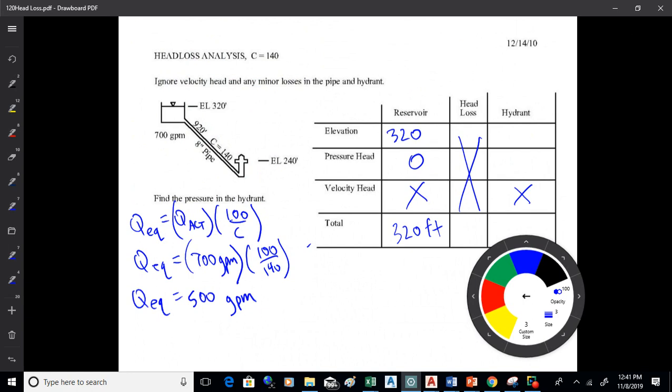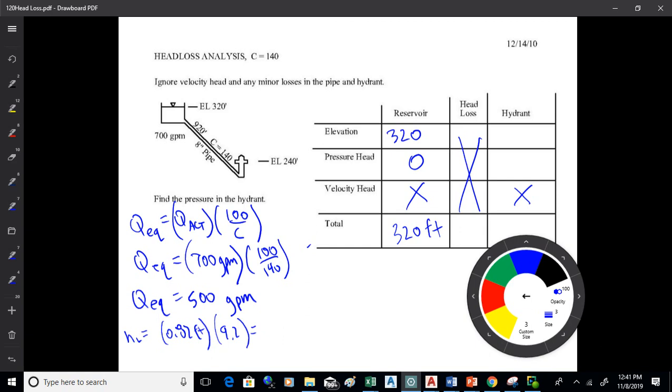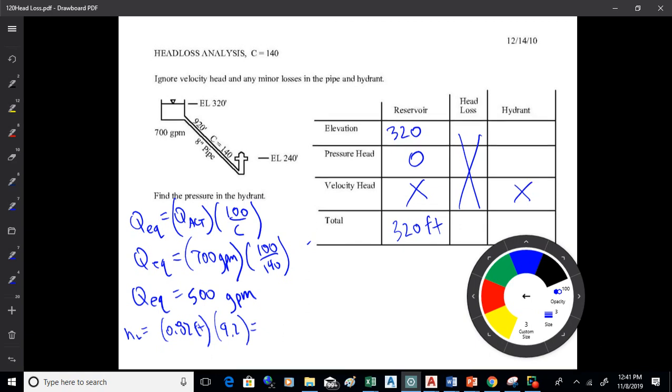So the head loss is 0.82 feet times, since it's 920 feet long, 9.2 100-foot lengths. That's how I think about that. That'll come out to be 7.54 feet.